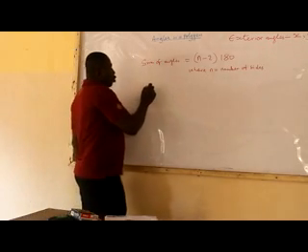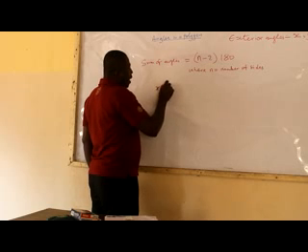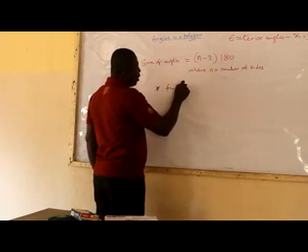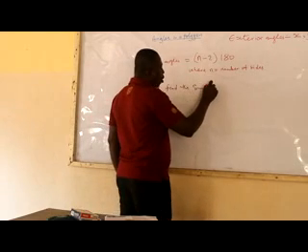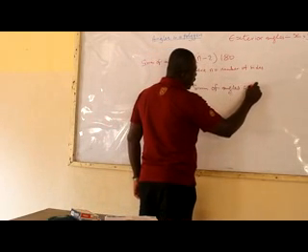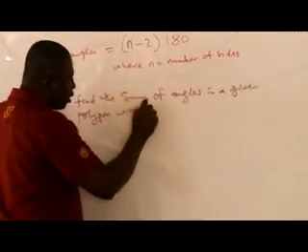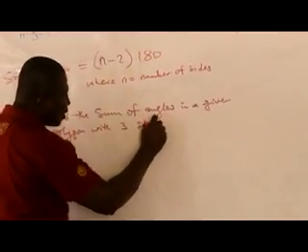So, for instance, the question may say: find the sum of angles in a given polygon with 3 sides.